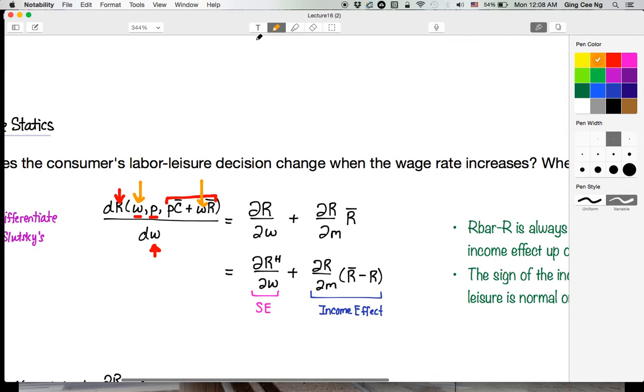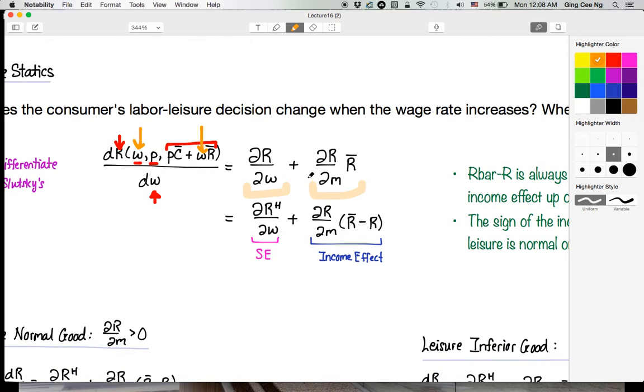So here we go. I can differentiate with respect to the first argument, and then income here. And I'm picking up this R bar because that's coming from the chain rule here.